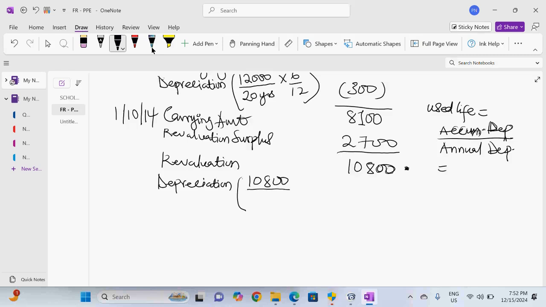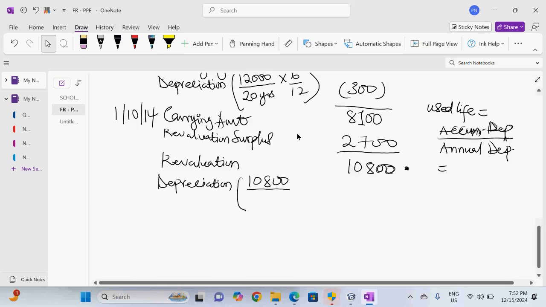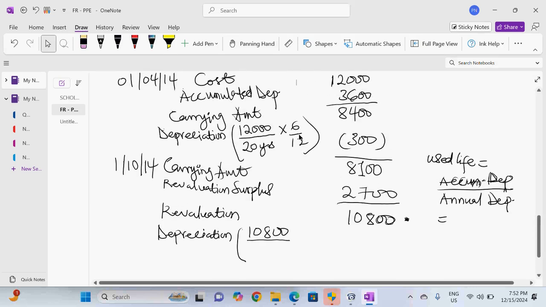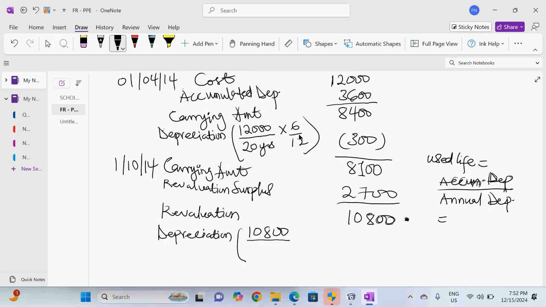So, used life is equal to accumulated depreciation over annual depreciation. What was the accumulated depreciation? It is 3,600. Can you see the 3,600?